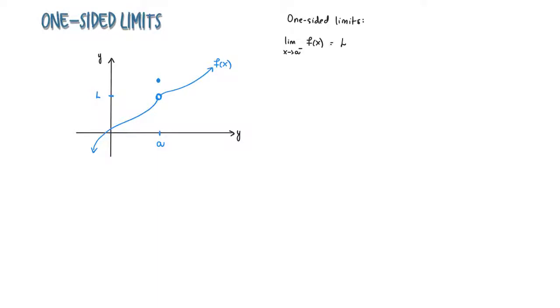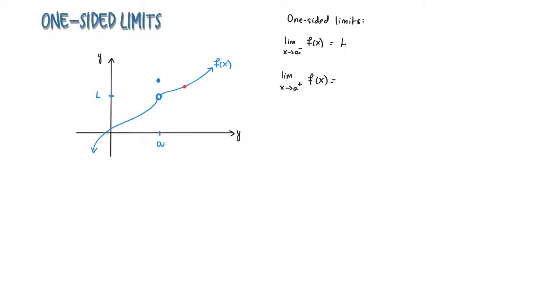Now the limit from the right, or from above. The limit as x approaches a from the right, so a tiny little plus above, of f of x is equal to, again, x is approaching a from the right.